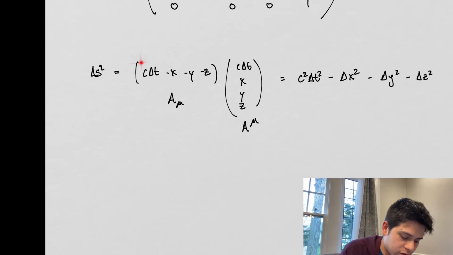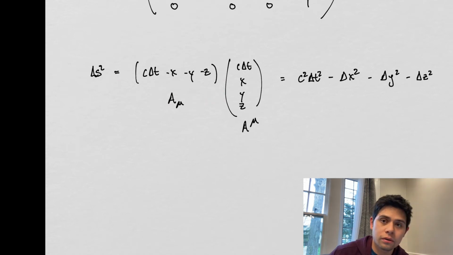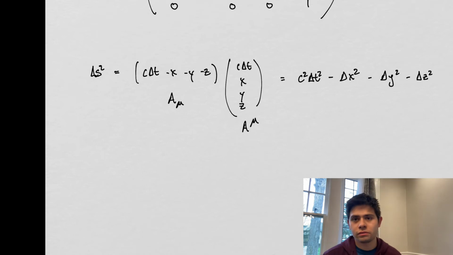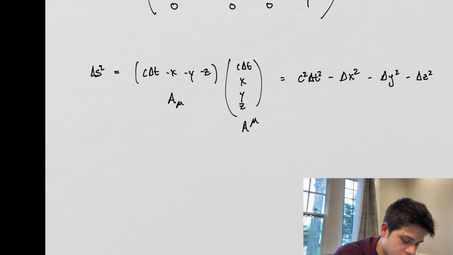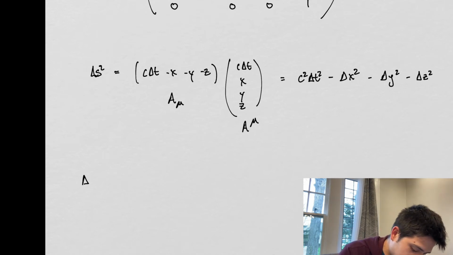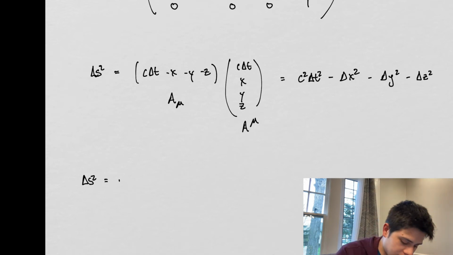This one is the transformed vector. And when we do that transformation, remember, we lower the index. So essentially what delta S is, in terms of A, is a mu, like that.